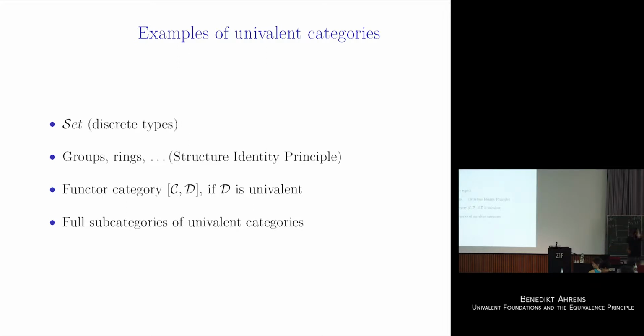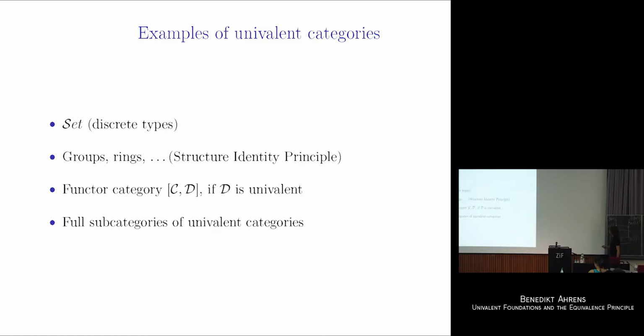So one could ask, since univalent categories satisfy this invariance principle, this equivalence principle, maybe this is a very strong condition, and not many categories actually satisfy this univalence condition. But there are many categories that do.